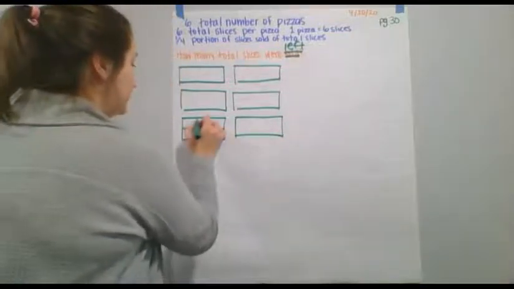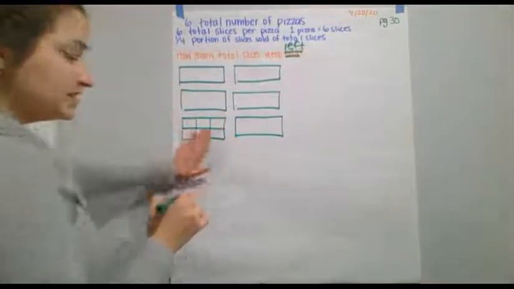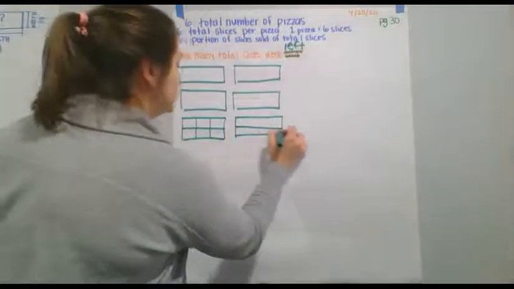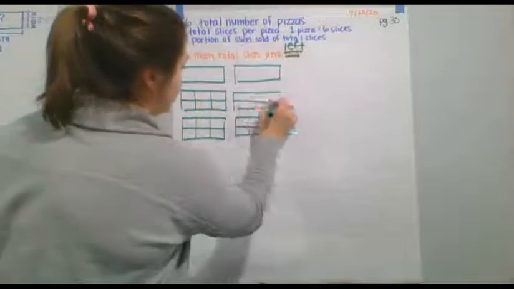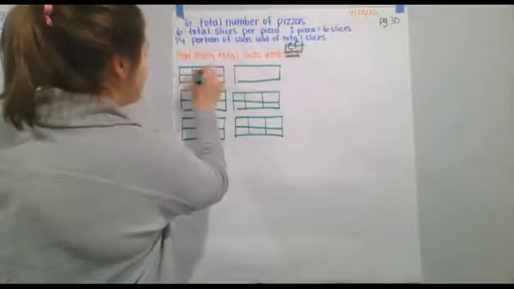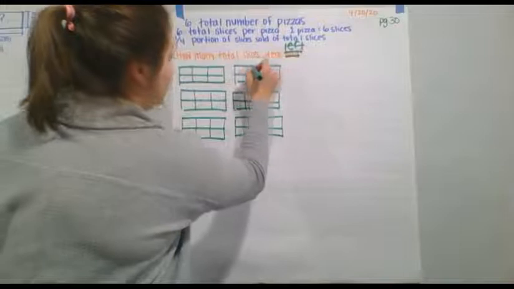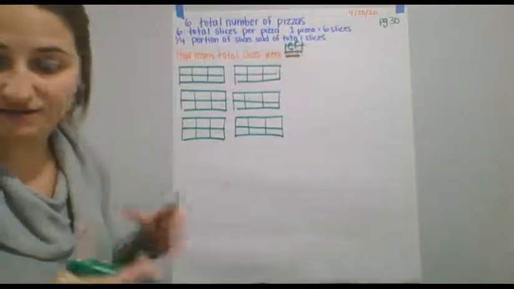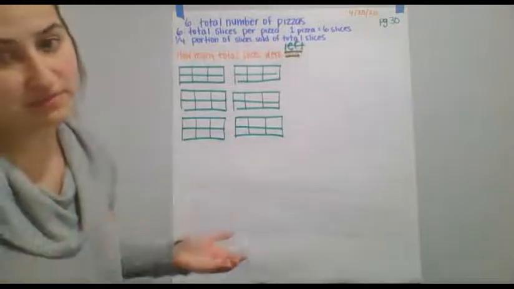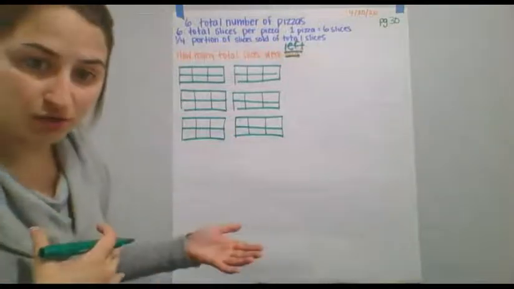So thinking about this, each pizza we're going to break into 6 pieces. And this is just one way to kind of visually look at this. You don't necessarily have to draw a visual like this. It just might be helpful so that you can kind of double check your work.